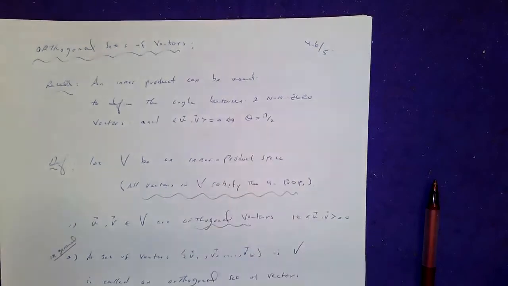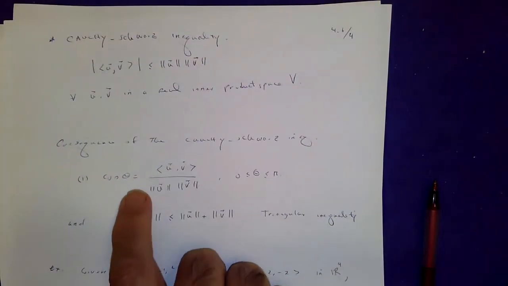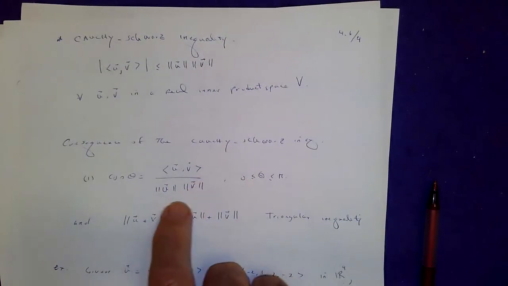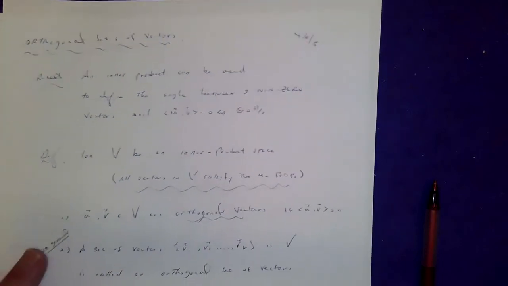If you remember, this is how theta was defined: cosine of theta was the inner product of u and v divided by the norm of u times the norm of v, where theta goes between 0 and pi.